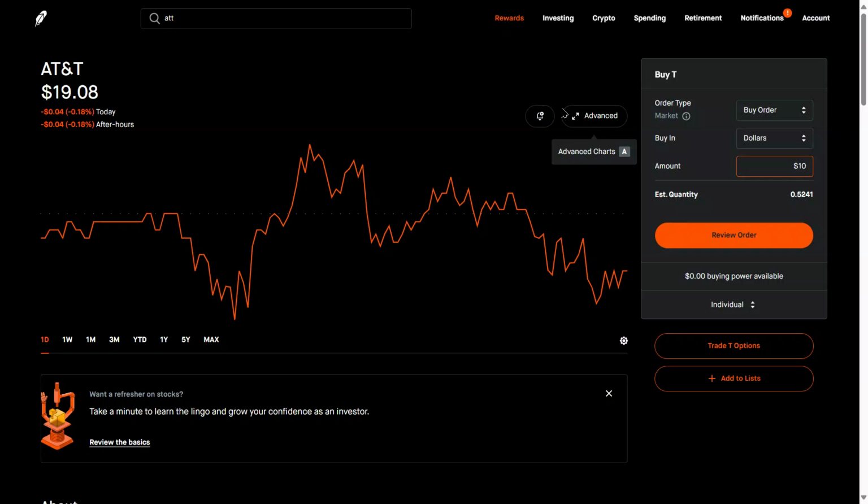So that's also another good thing about Robinhood. I think some of the other platforms are leaning towards that now, but Robinhood was the first that I know of that gave you the option to buy fractional shares, and it's kind of dope because some stock may cost $2,000 a share.